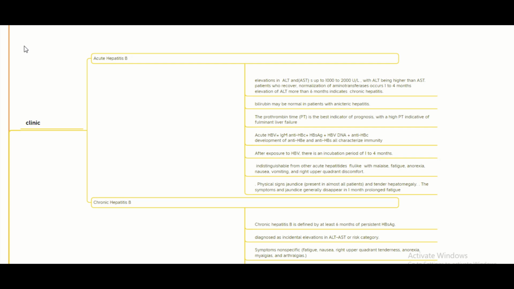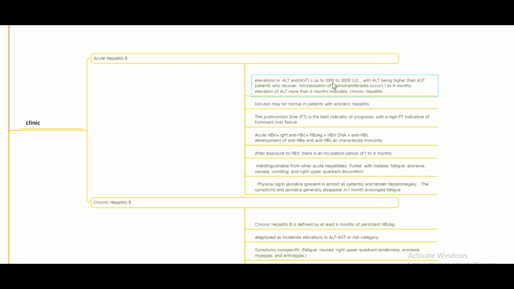So, the main clinical points are the elevation of ALTs and ASTs up to 1000 or 2000 units per liter. This can be different in other types of units, but it's mostly more than 5 to 10 times the normal level.